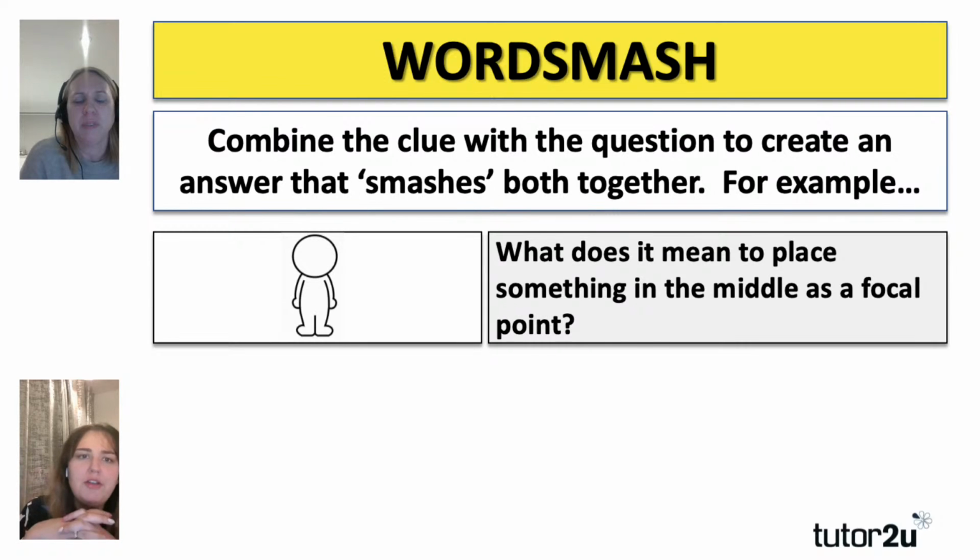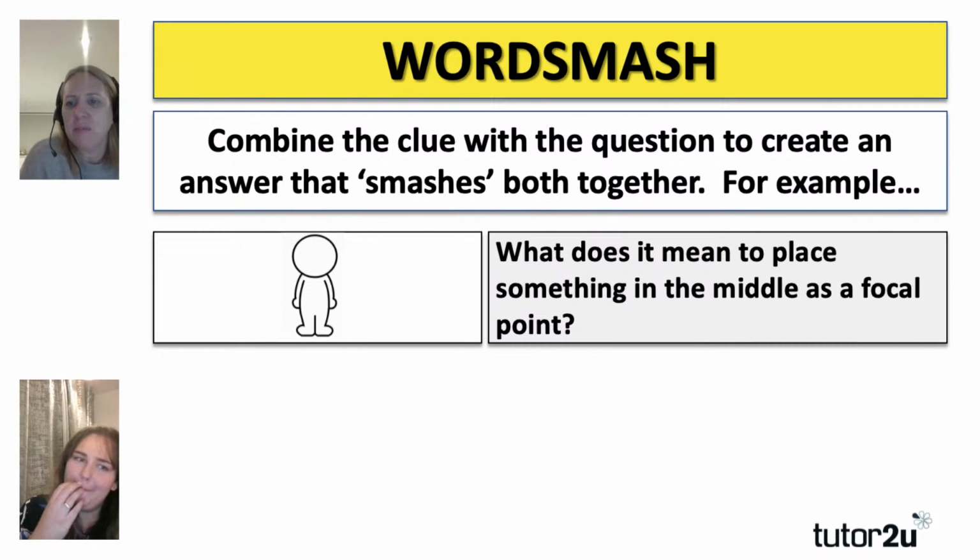So what word could we put together, or words could we slot together that this might stand for? What is the picture of? And then what does it mean when you place something in the middle as a focal point? It's very much what we've been talking about this evening.